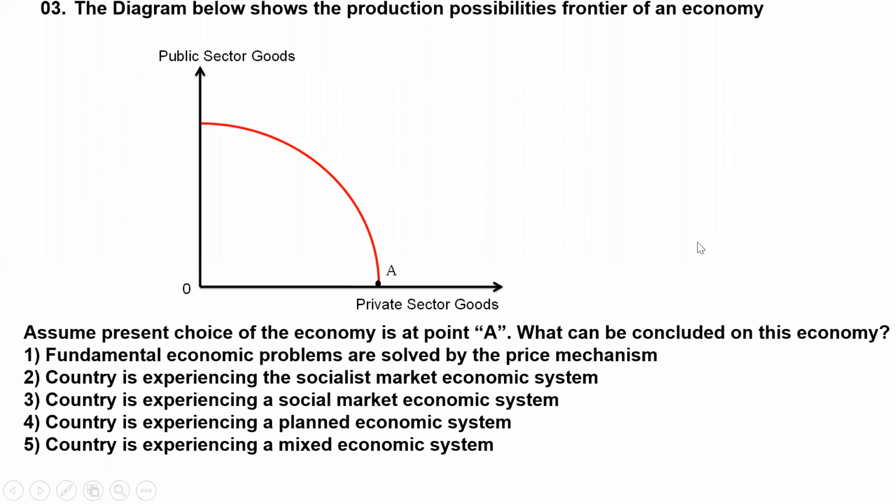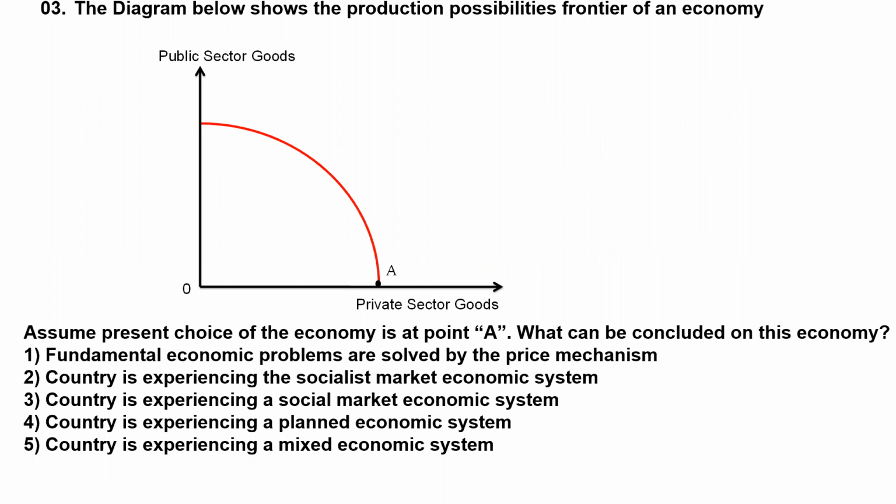Question number 3. You are given a diagram with two products, public sector goods and private sector goods. To answer the theory, you had better go to the answers also.